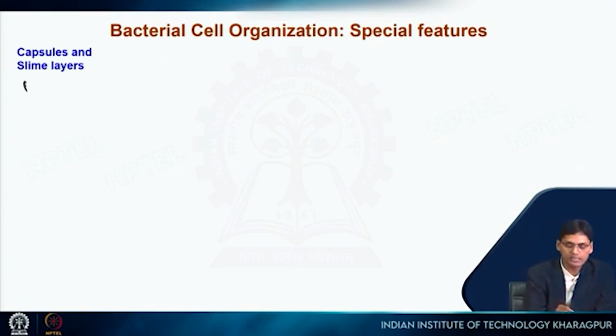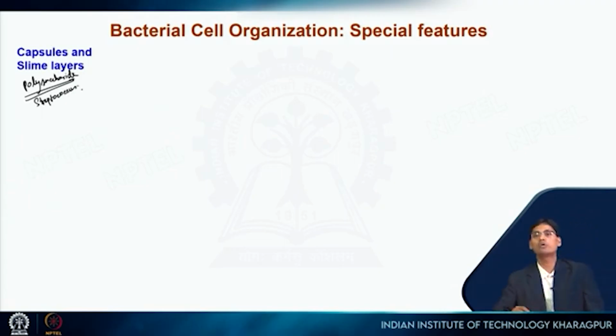So this is mostly made up of polysaccharide in Streptococcus pneumoniae. It helps in evading the immune system, so immune cells cannot quickly phagocytose those bacteria. So this is again some kind of advantage for bacteria, and sometimes it also helps in attachment.